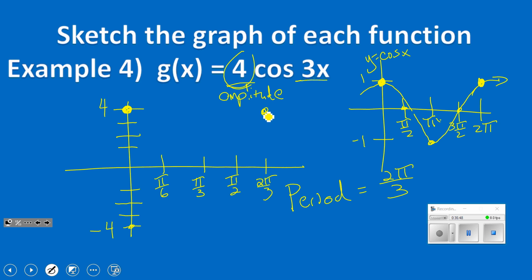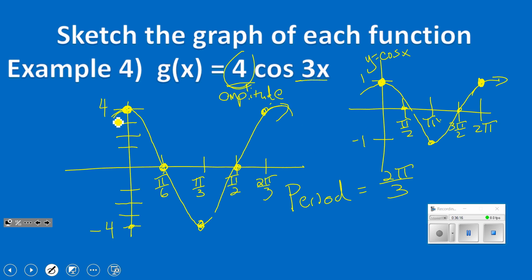I know as it's going down that this one's going to be at where? 0, and then negative 4, and then back up to 0, and it's going to curve on down.